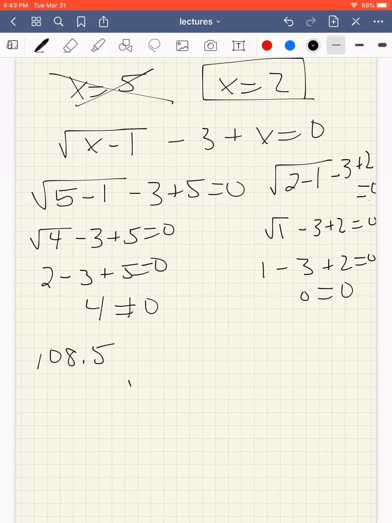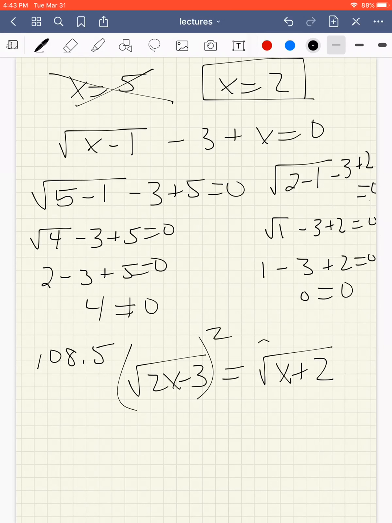And this is a square root equal to another square root. Pretty simple. How do we do it? We square both sides. So we have 2x minus 3 equals x plus 2.